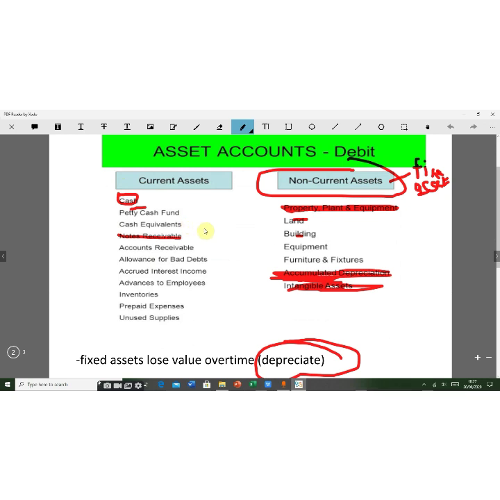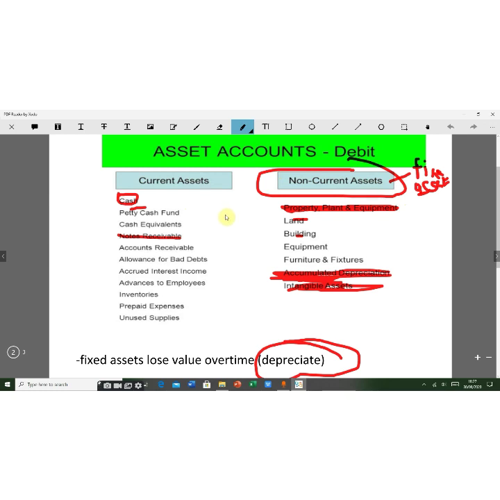For example, if we purchase a vehicle and then they tell us that it is expected to be used for 4 years, then the vehicle will be classified under non-current assets.